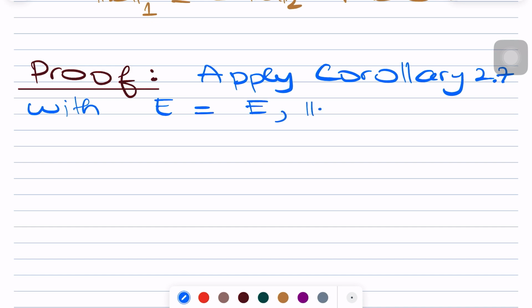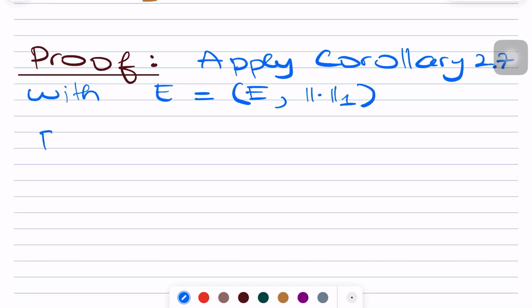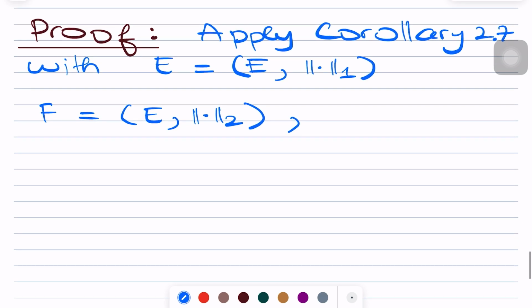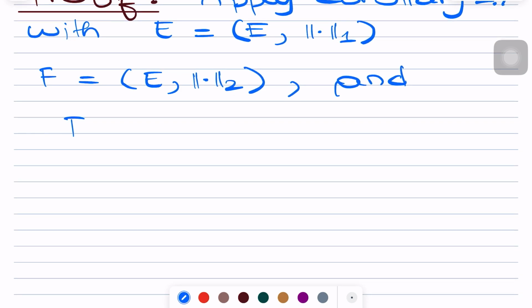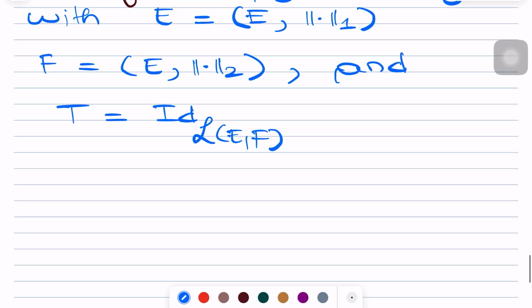So E equals this space and F equals the other norm, and then of course the linear bounded operator should be the identity. So with that you have the result.